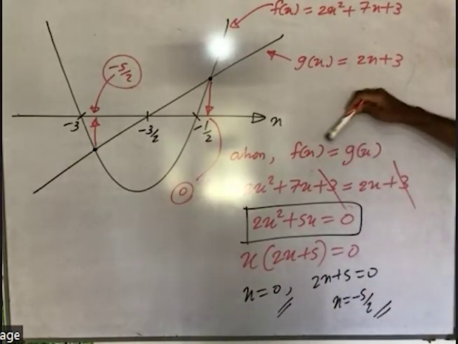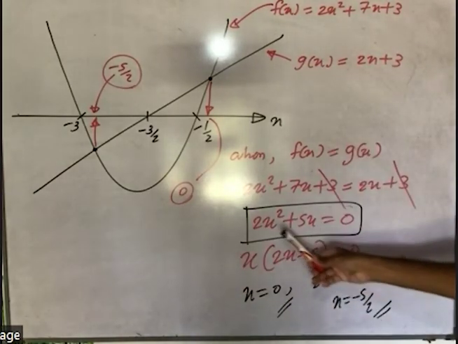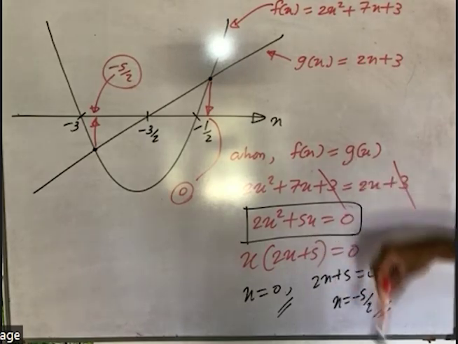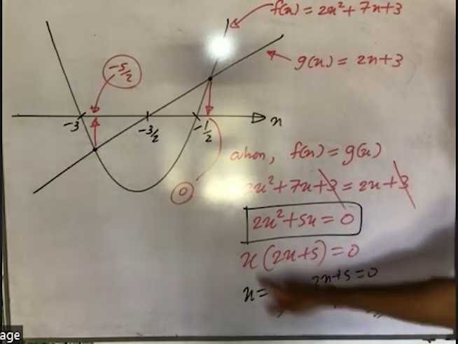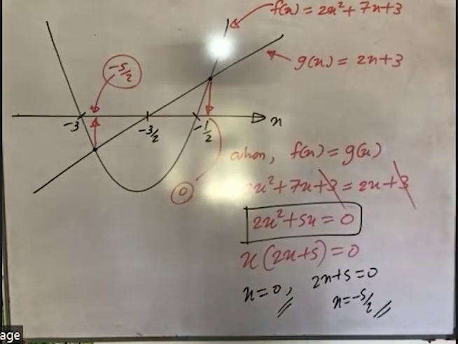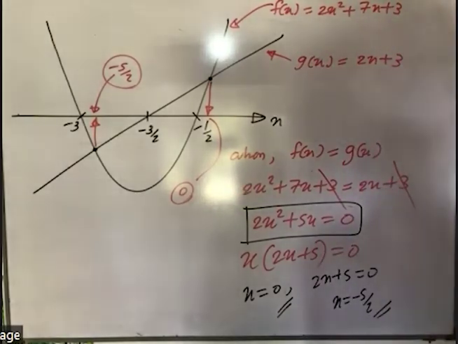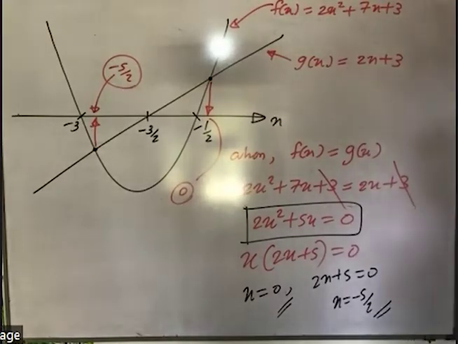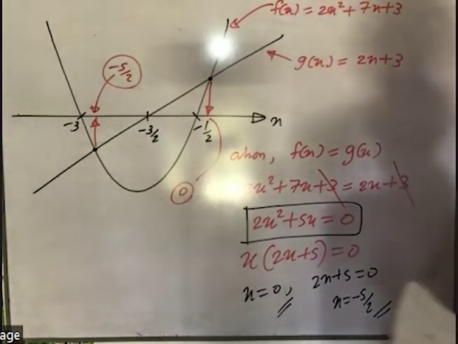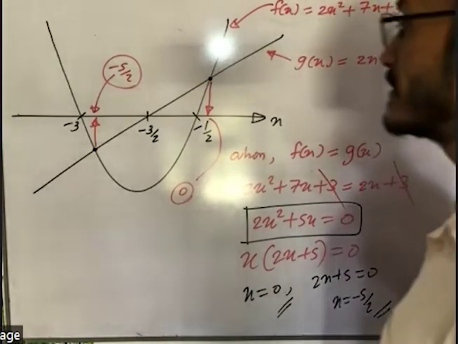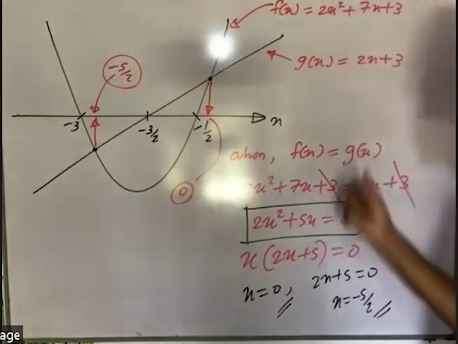If you equal these two functions, you will get another equation, 2x square plus 5x. So the solutions for that equation are x equal to 0 and x equal to minus 5 over 2. Right. So the intersection points of these two functions mean the solutions of this equation.